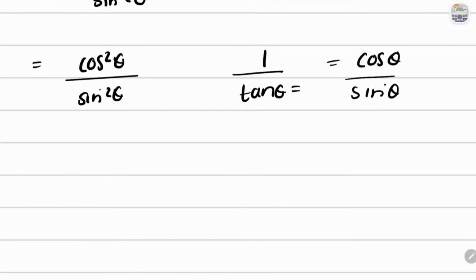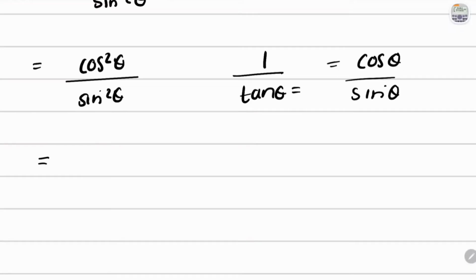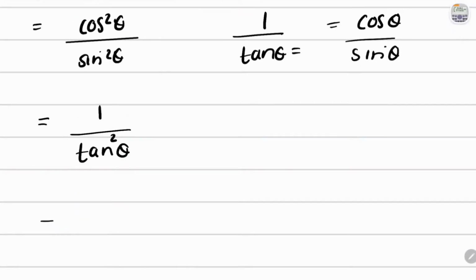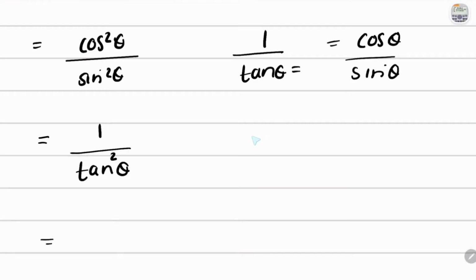This is probably something you learned early in grade 10. Okay, so the only thing it can actually change to is 1 over tan theta, which is tan squared theta really, because they're both squared as well.